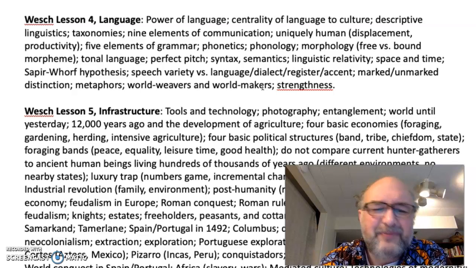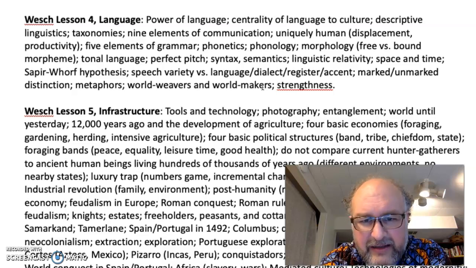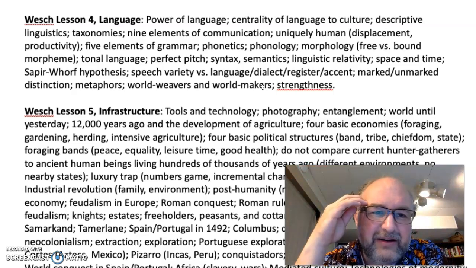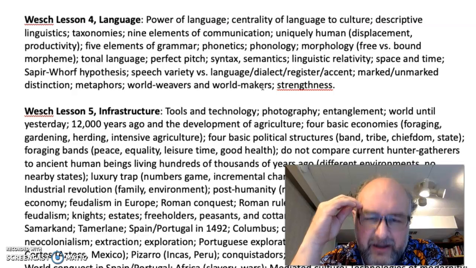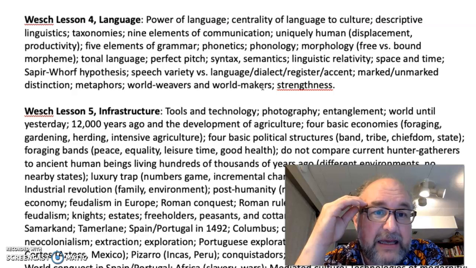It takes some interpretation, but in a tonal language, one tone would mean car, and another would mean happy, completely different words, depending on whether you had it falling or rising or in the middle.